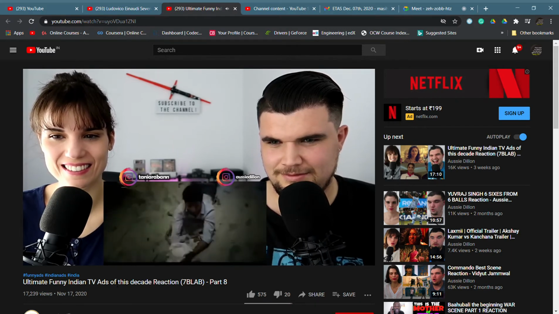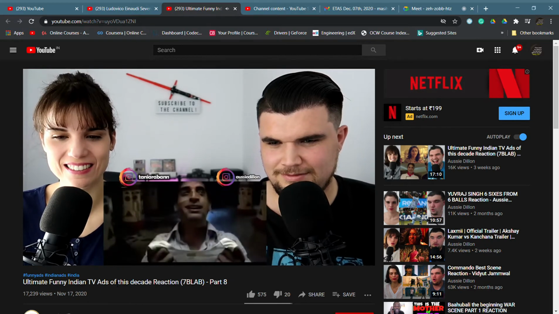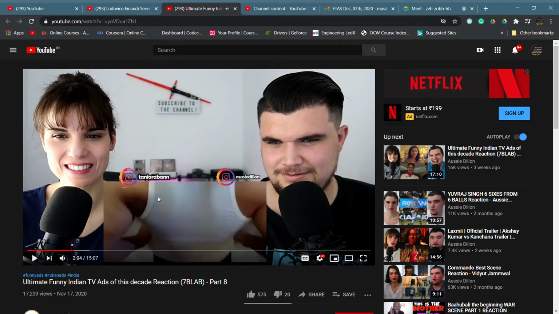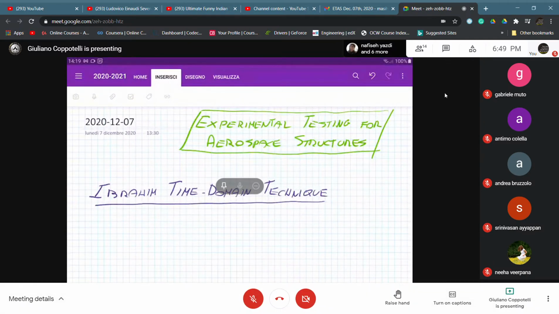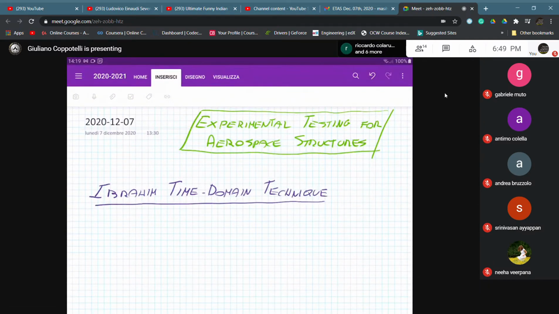So your colleague is pointing out that the strain gauge that I used during the video recording is different with respect to the one that I consider in the text of the laboratory activity. The one that I used in the video recording was based on the aluminum alloy. The one that I reported in the text is on the steel one.